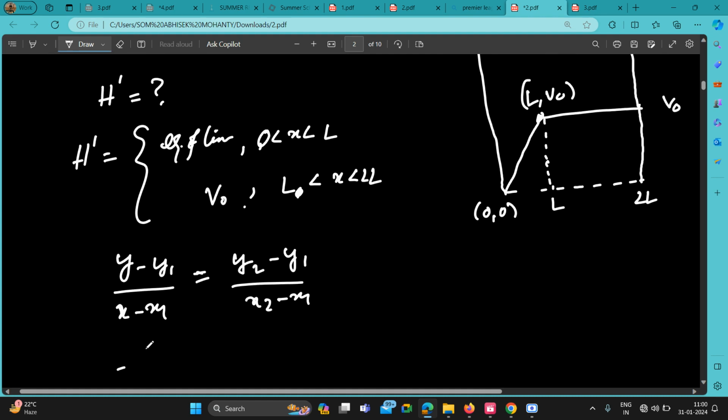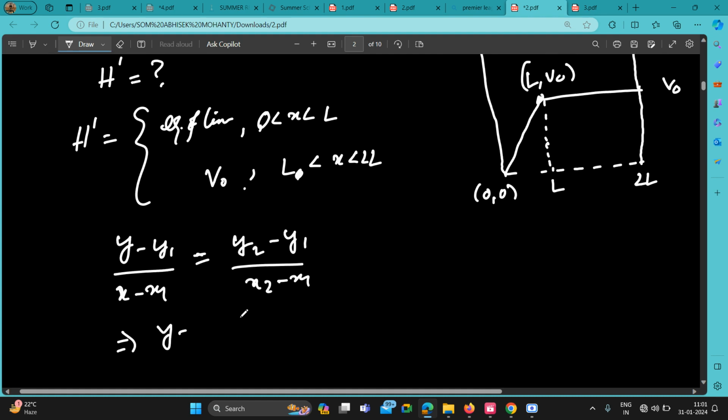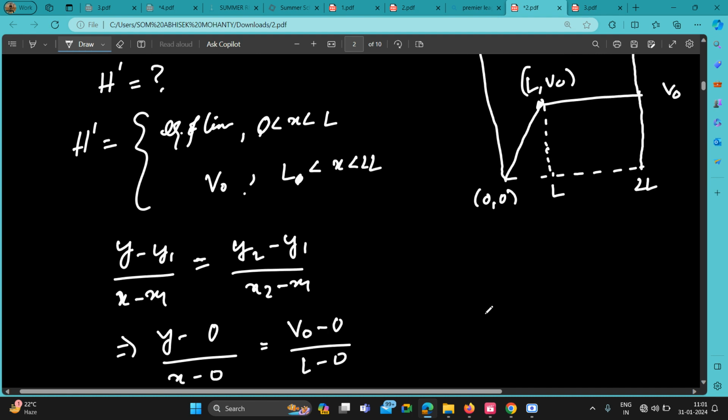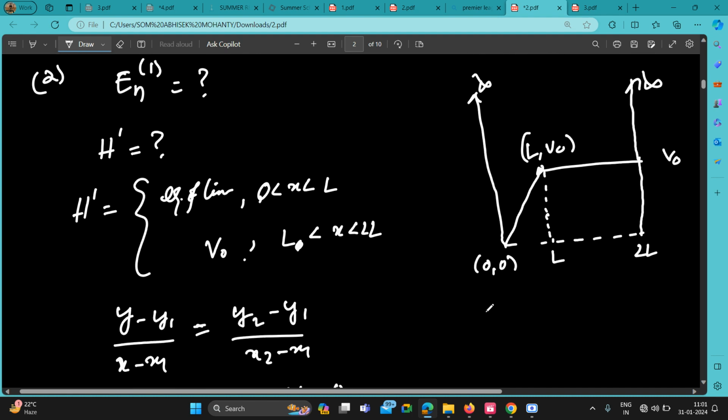Okay, y minus y1, so y minus y1 is 0, x minus 0, y2 is v naught minus 0, l minus 0. Okay, so y by x is equal to v naught by l. So y is equal to v naught x by l.